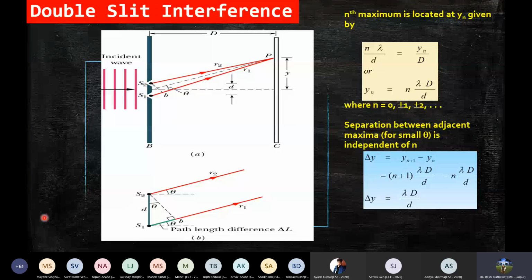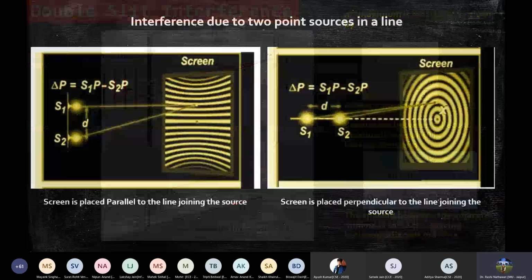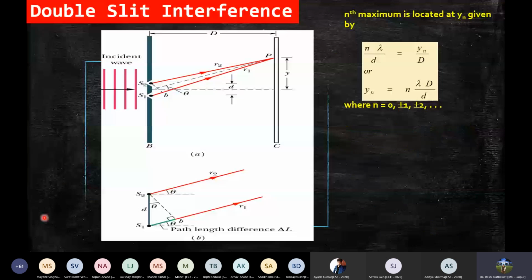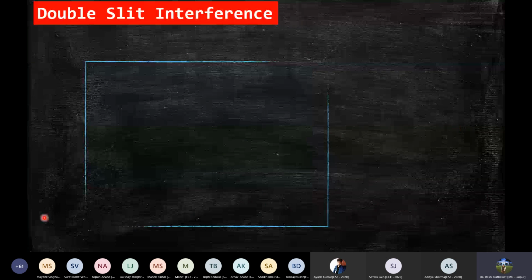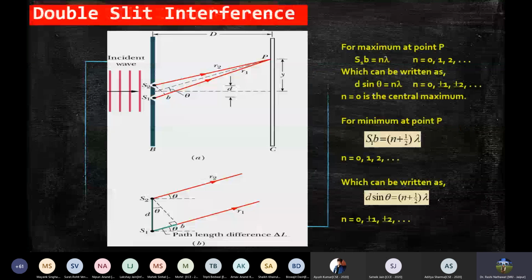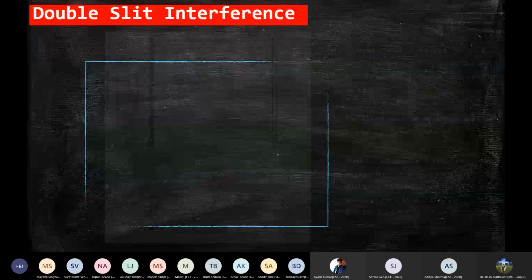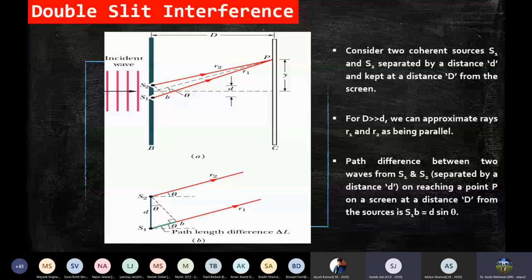But I have solved it here, so should I remove it or keep it? You tell me whether we should remove what we have done here, because I have already made a complete proper PPT for you. Okay, we will remove this, fine.